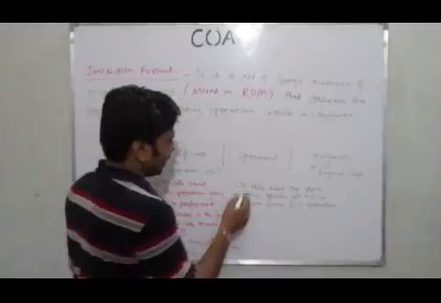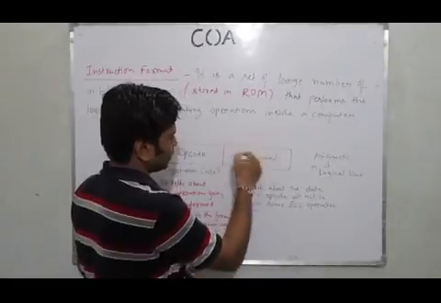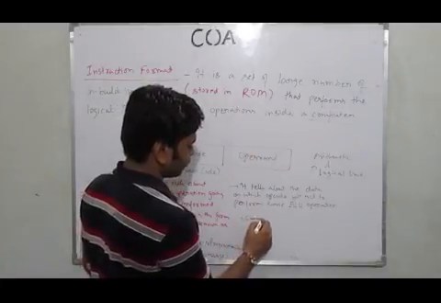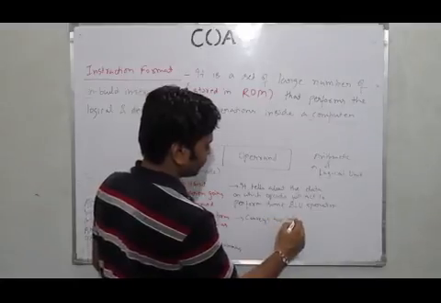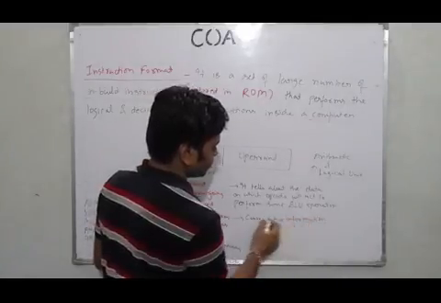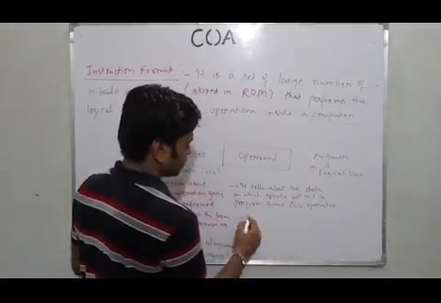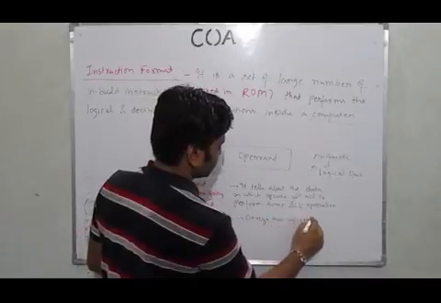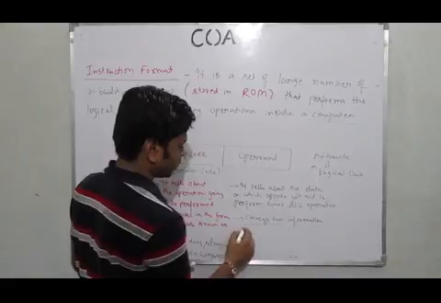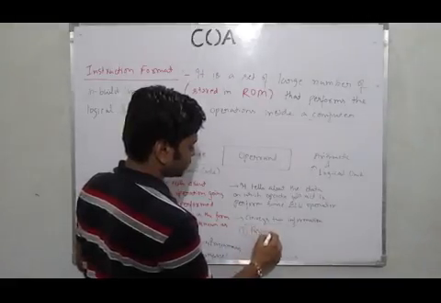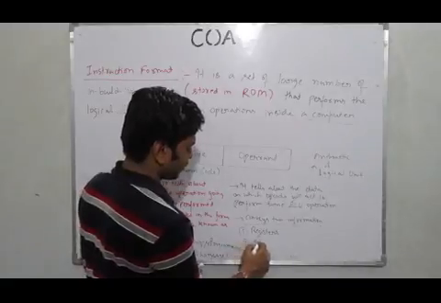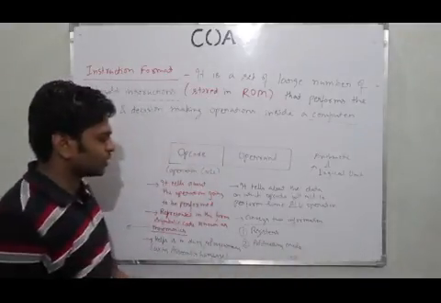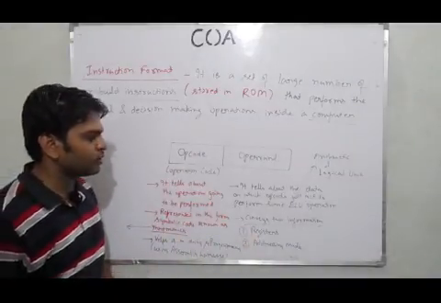So for an ALU operation, the operand conveys two pieces of information to the user, and these are: number one, registers, and what kind of registers we are using, and number two, addressing mode, fine. We will discuss in detail registers and addressing mode in our coming lecture.